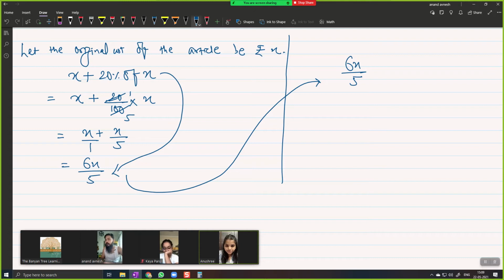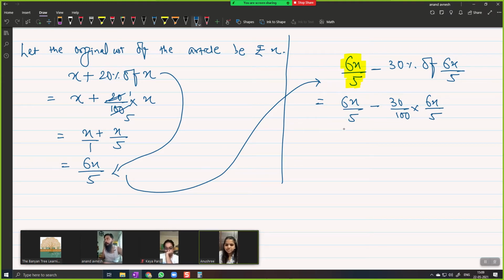So 6x upon 5 minus 30% of 6x upon 5. Whatever you are decreasing, the same thing you write after 'of'. So 6x upon 5 minus 30 upon 100 into 6x upon 5.